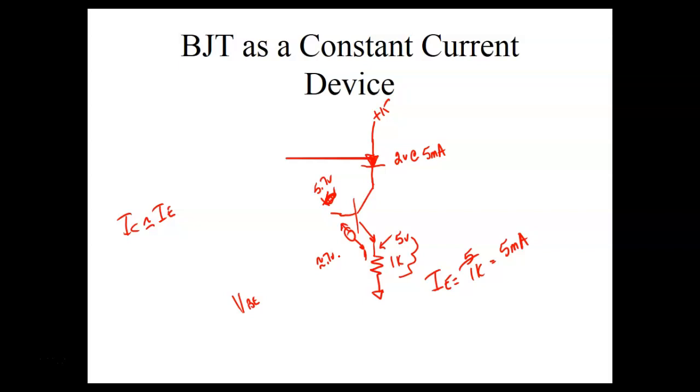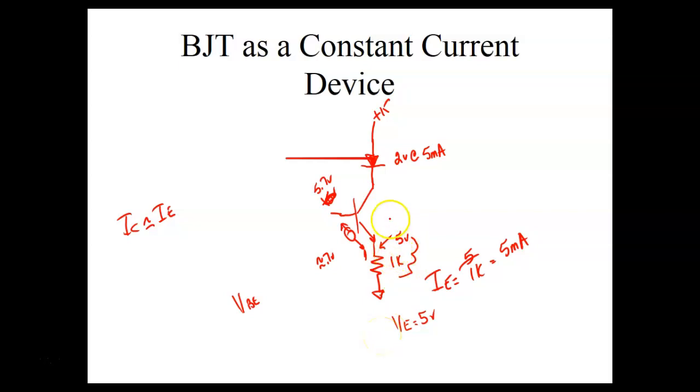VE, measured from common, would equal 5 volts. That's why it's important to learn these designators. This resistor drops 5 volts, and this LED drops 2 volts at 5 milliamps. So we set the 5 milliamps with this resistor right here.